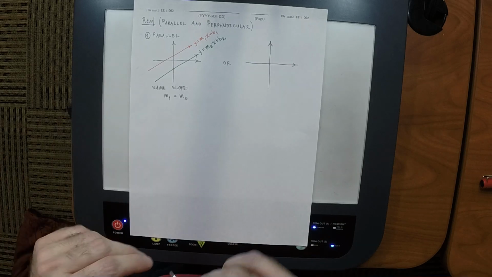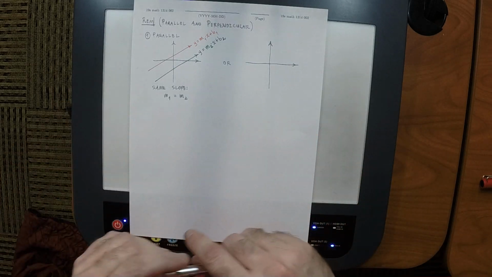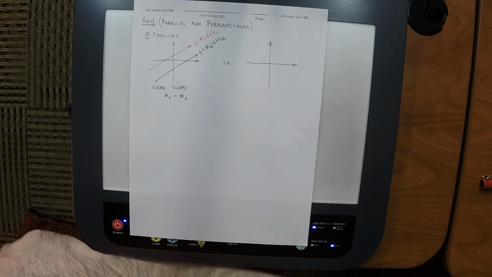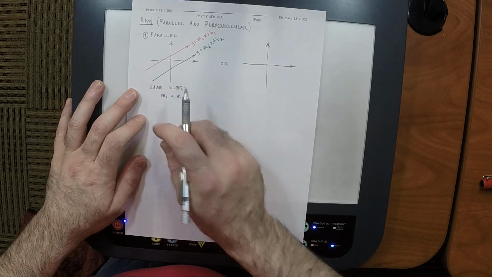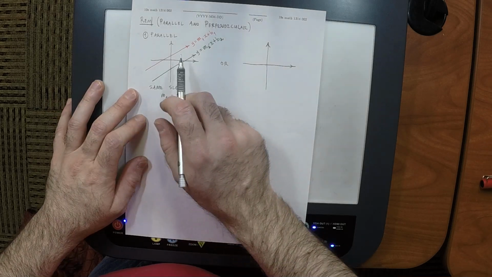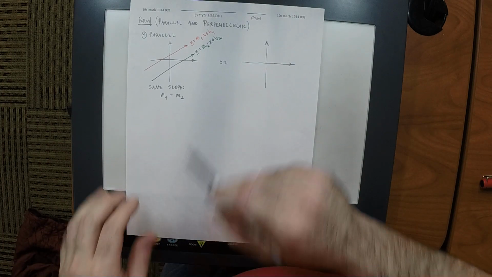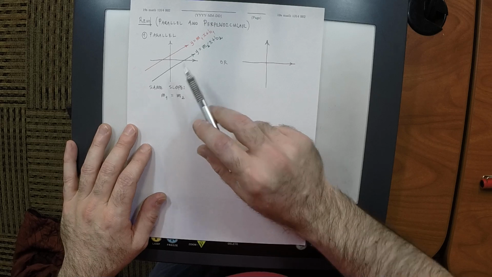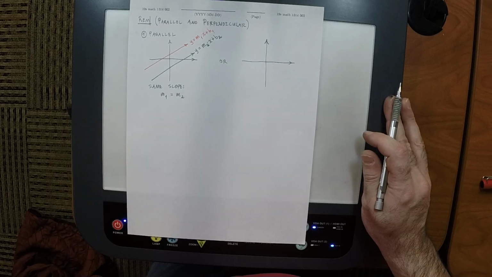You may be having difficulty imagining another kind of way that lines can be parallel, but you've got to consider the situation carefully. So understand that this situation over here is saying that suppose we have two lines, and suppose that these lines have a slope. Then in order for them to be parallel, the slopes must be the same.